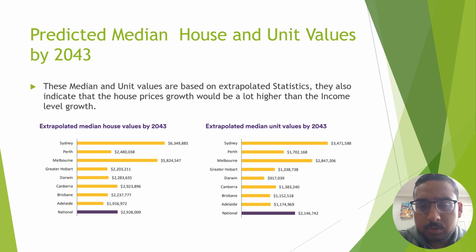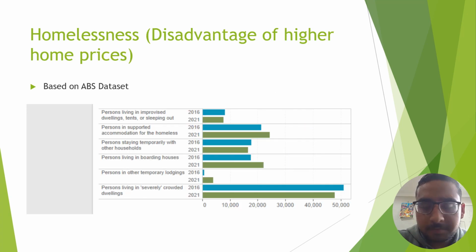So that clearly shows that house values and even unit values are going to increase around 2 to 3 times more than the national average salary would, which is a clear concern for housing affordability and the question of rising housing prices. Now, one of the disadvantages of increasing housing prices is homelessness.